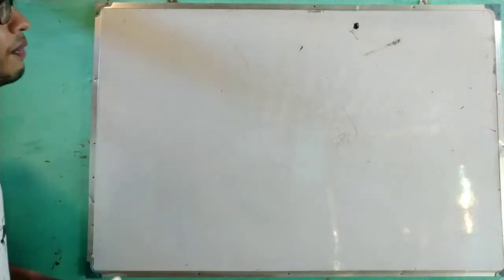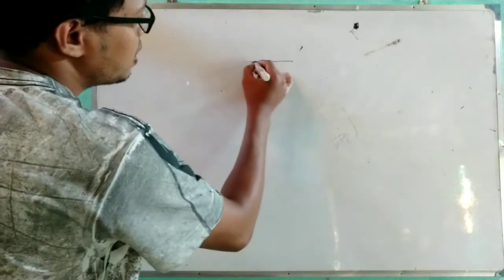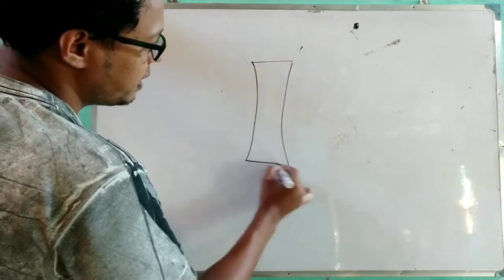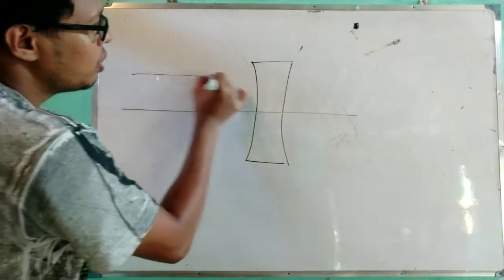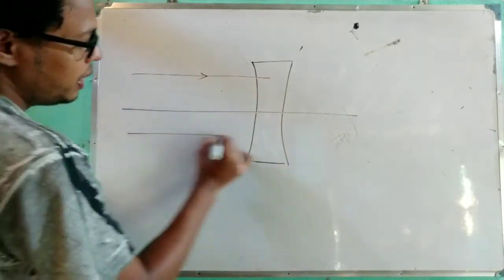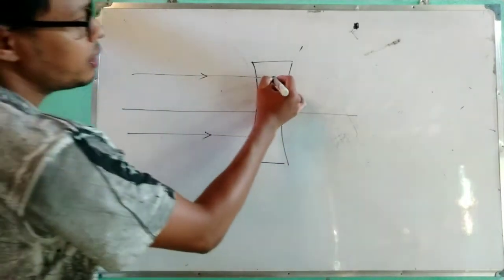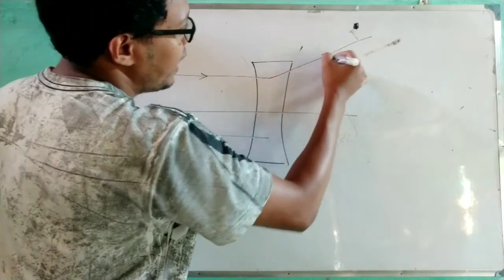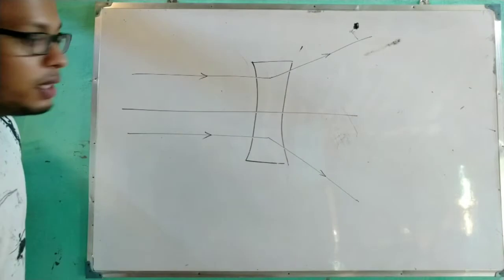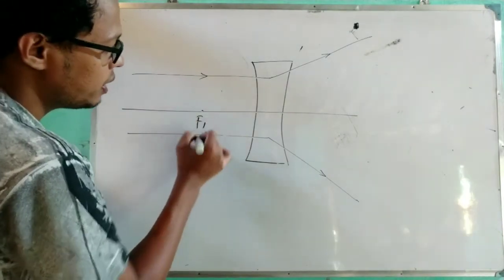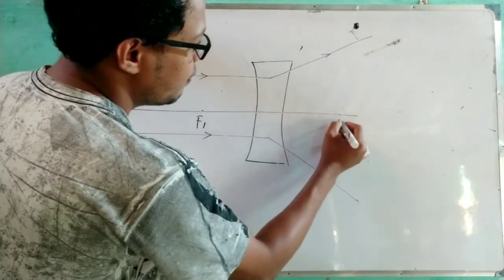Now in the concave lens also I will show. First, suppose the object is placed at infinity and the rays are parallel to the principal axis. In this case the rays will diverge from the point of incidence because it is a diverging lens. It also has focal lengths f1, f2.